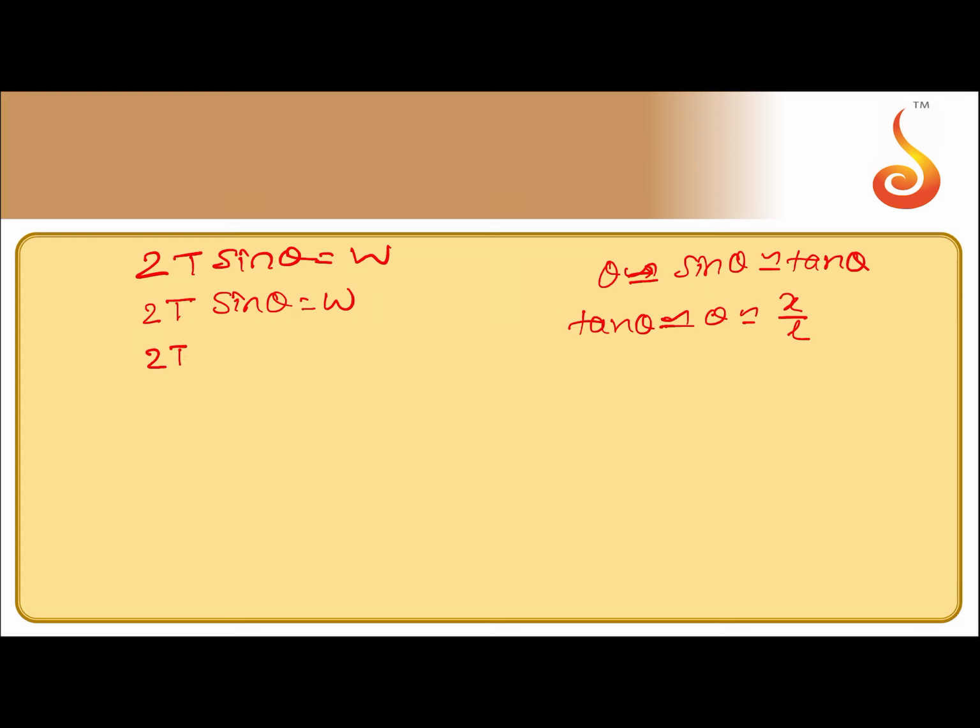So I have 2T, x divided by L is equal to W, or T is equal to WL divided by 2x. But you know, stress is given by force per unit area. So we have WL divided by 2Ax. Now, Young's modulus is stress by strain.